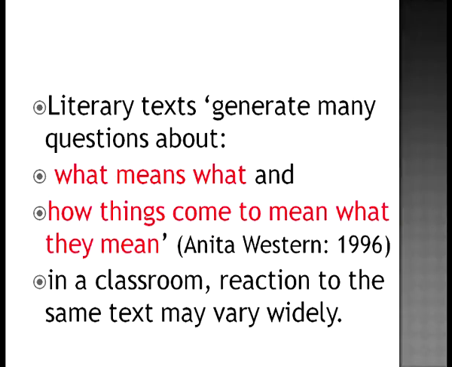That's why literary texts generate many questions about what means what and how things come to mean what they mean. In a classroom, reaction to the same text may vary widely. Why this variation?